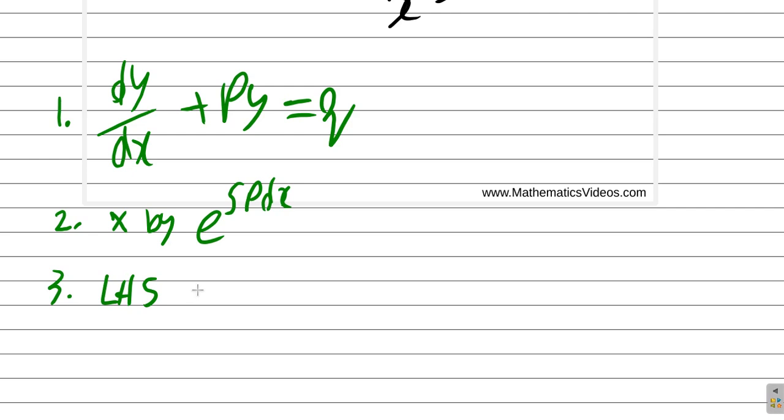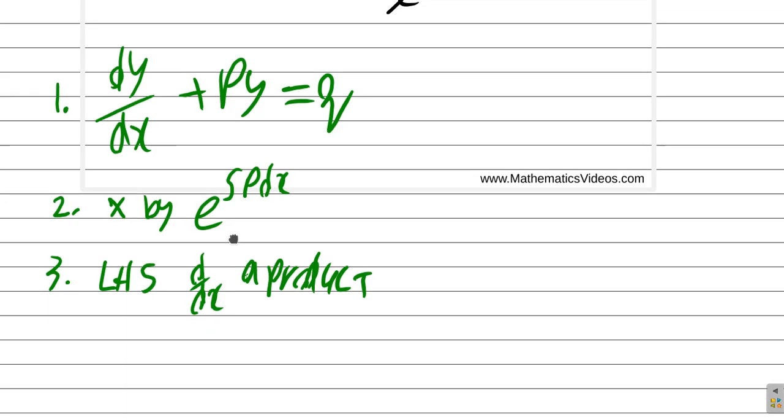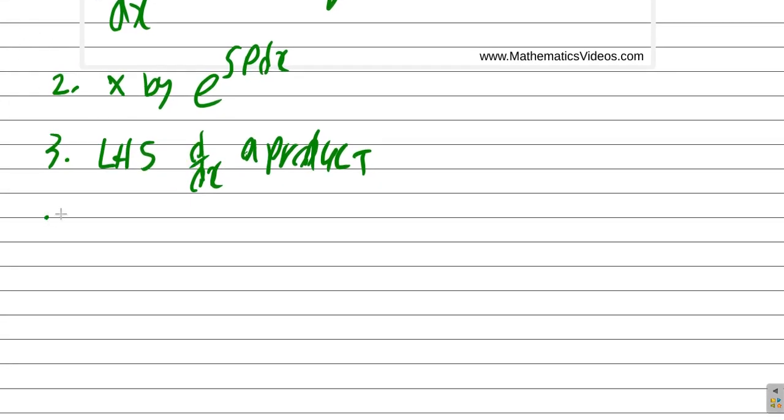So the left hand side is going to be the derivative with respect to x of a product. You write it like that. And then after that, you integrate the function. All right?